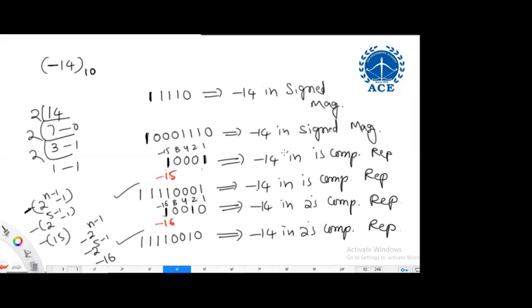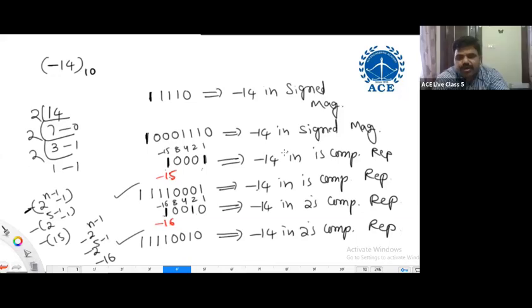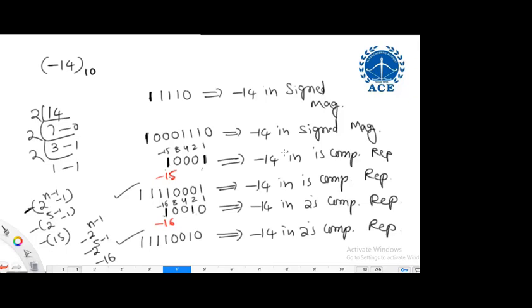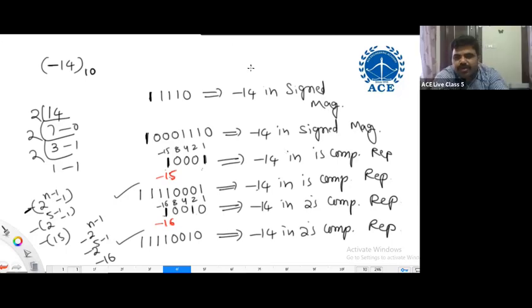Hello. Yes. Sir, when they ask for representing with a minimum number of bits, if directly we get 1 in MSB, then no need of adding 1 again for representing a negative number, sir. That depends on what number you want to represent. MSB 1 indicates the number is negative, that is for all. But MSB is not only for sign in 1's complement and 2's complement.